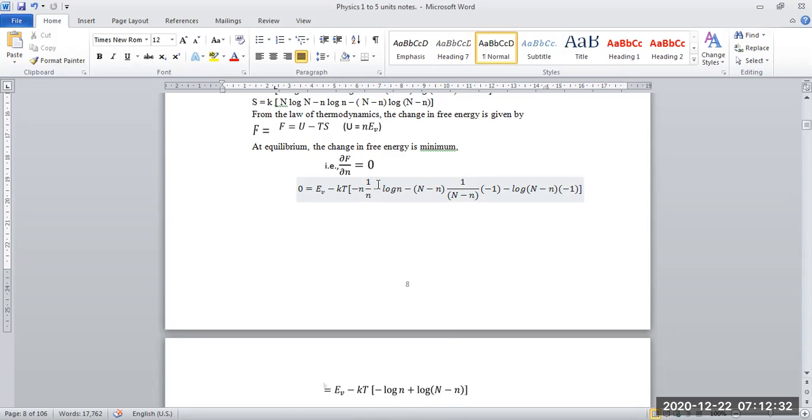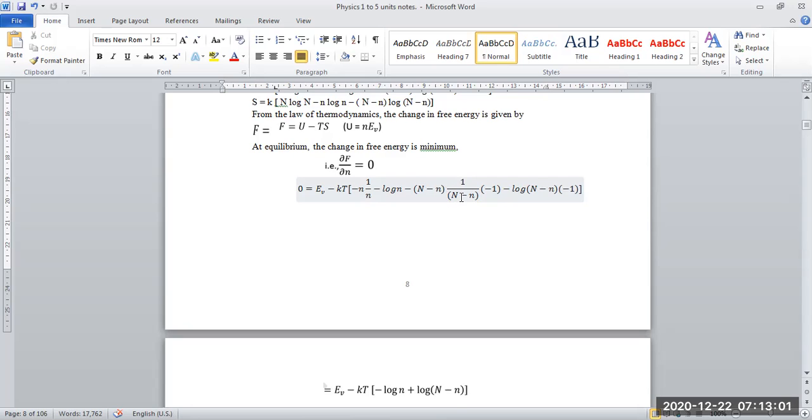See, this should be very much clear to you. See, in this step, n into 1 by n, negative sign is there, small n and small n get cancelled. In the numerator, small n is there. In the denominator, you'll find that small n. So this n and this n is getting cancelled. So minus 1 is remaining here. See, in the same step, this capital N minus small n in the numerator and capital N minus small n in the denominator.